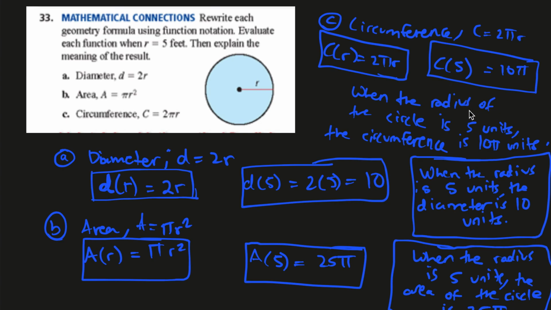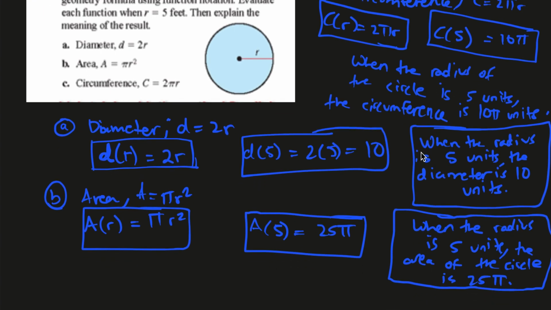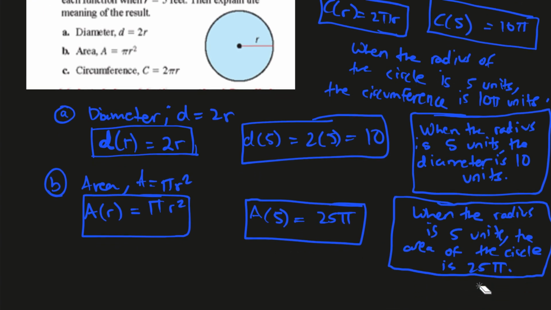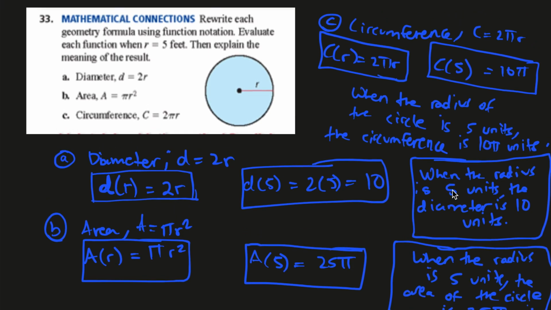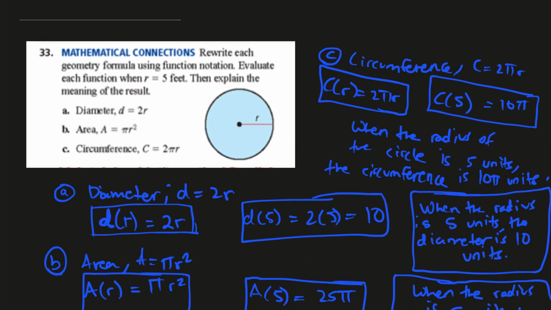That's it. And I should specify units here as well. And again, here we could have also said 5 units, 10 units. Yep, okay, good. And this would be your answer.